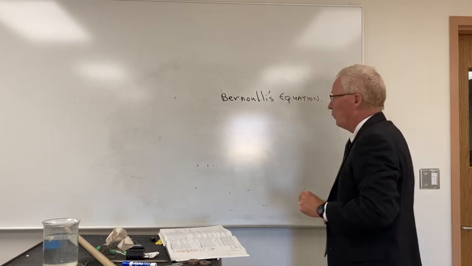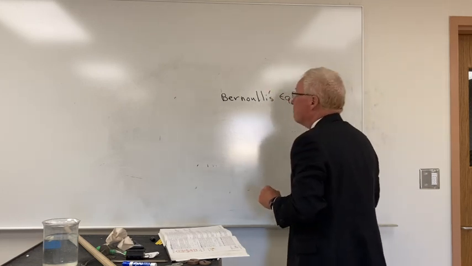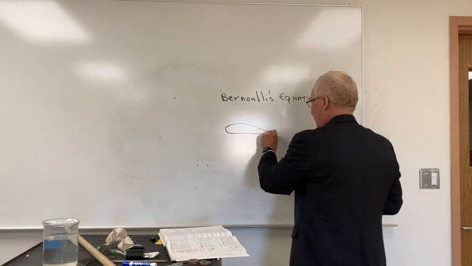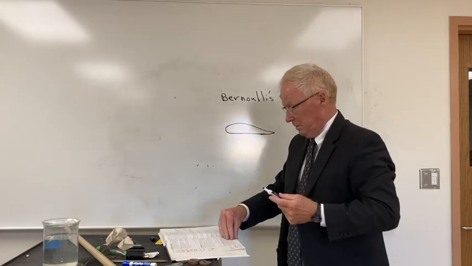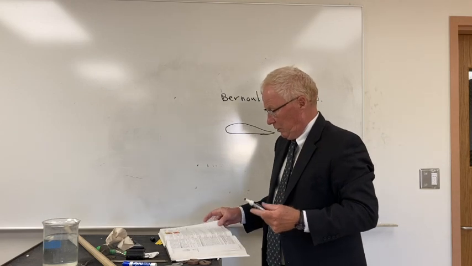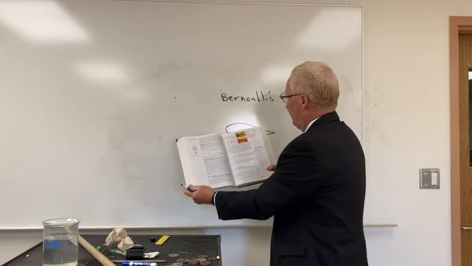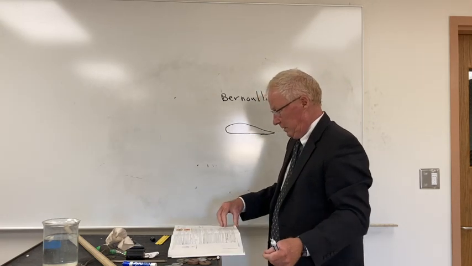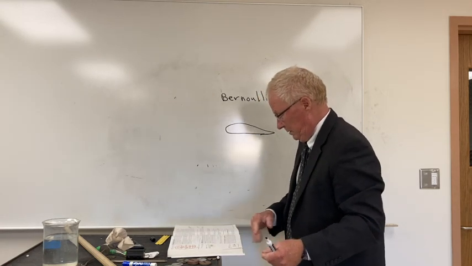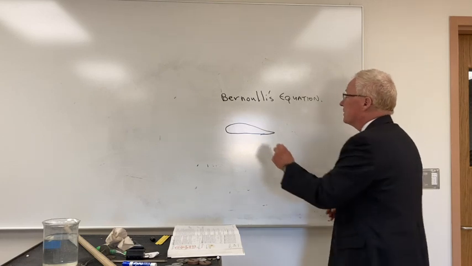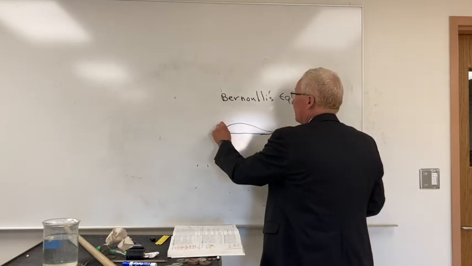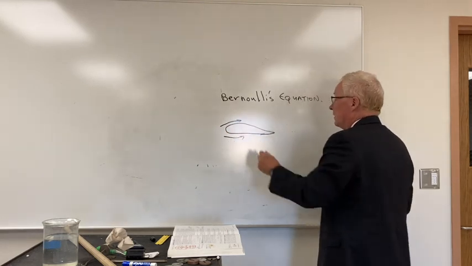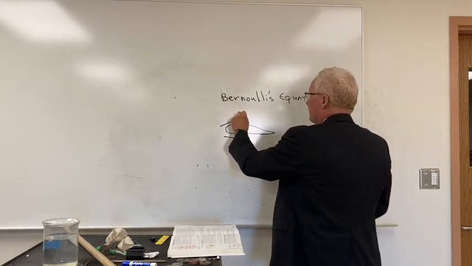And what this applies to is, let's say we have an airplane wing, which would be the best example. And there's a picture back in the book on this, and we've shown this before. This is what happens if I have air going over a wing and air coming this way.